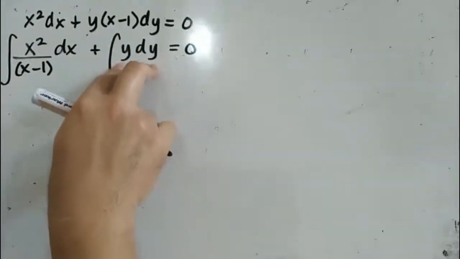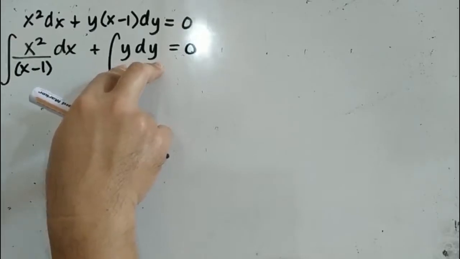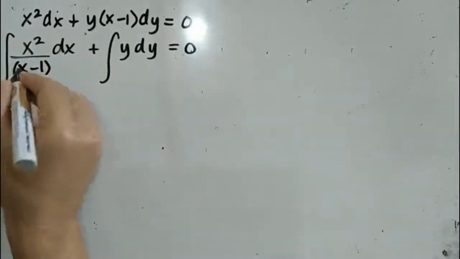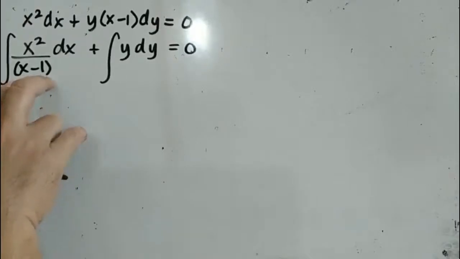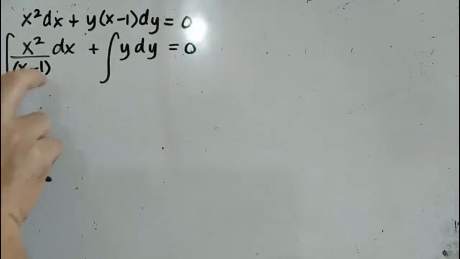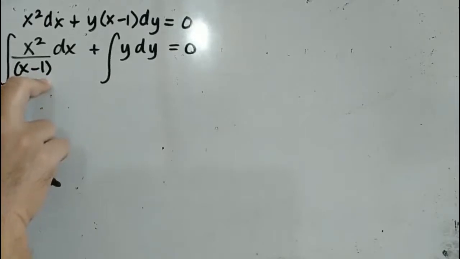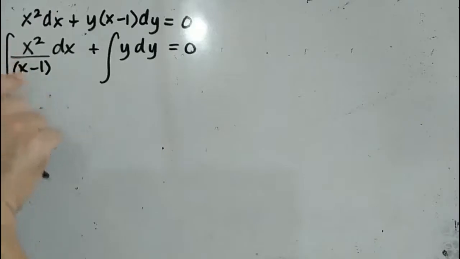As you can see, y dy is easy to integrate because we only need to apply the simple power rule. However, we can find no technique to integrate x squared over x minus 1 dx, this very expression. The log rule for integration will not apply here because if this is our u, this will not fit its derivative, du.